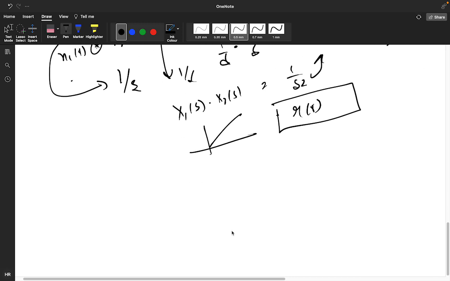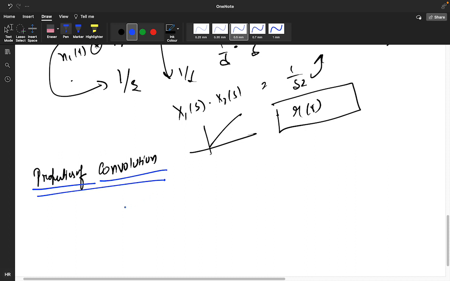Write down the properties of convolution. The first property is the commutative property of convolution.